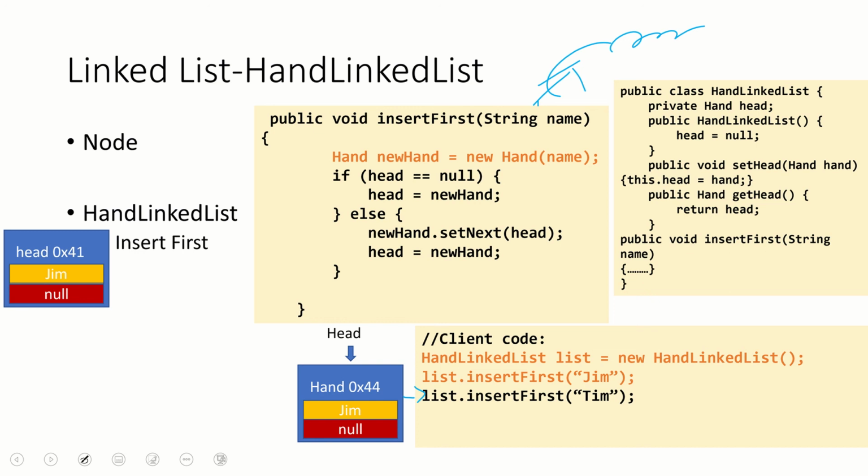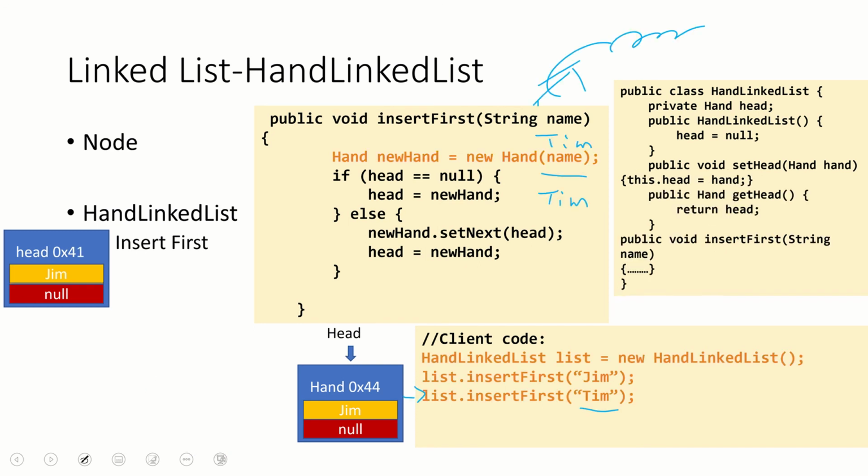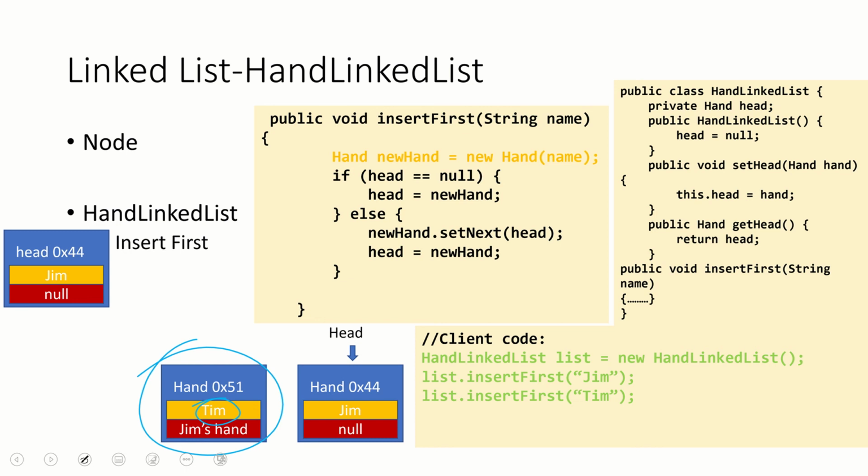In this line, we call insert first again and set the name to Tim, right? So right now, the parameter is Tim. Okay, we create this hand again. This hand's name is Tim. So we create this hand and make the name Tim.